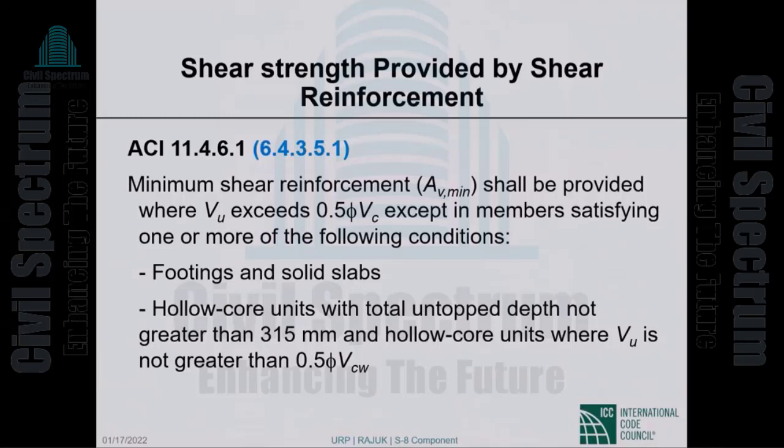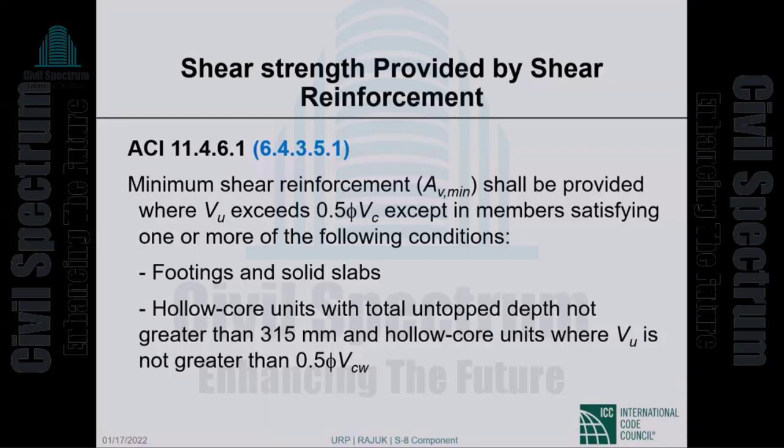So theoretically, if V sub u, the required shear strength, is less than phi times V sub c, the shear that concrete alone can carry, you should not need any shear reinforcement, right? If concrete alone can carry all the shear, if V sub u is less than phi times V sub c, then why would you provide shear reinforcement?